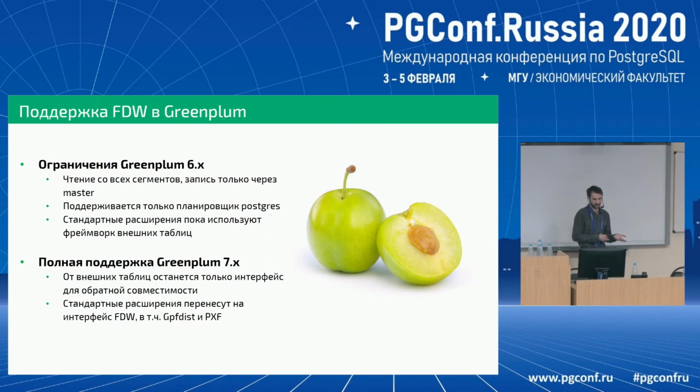Only the Postgres planner is supported. Standard extensions still keep on working with the foreign tables framework, and in version 7 we are going to get rid of the external table support.